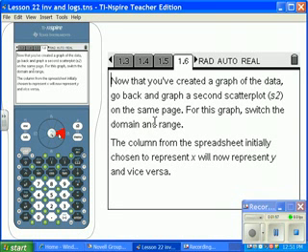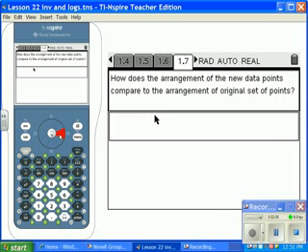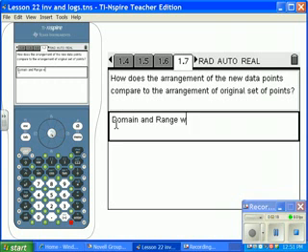Okay? So we've already done this slide. We went back, we changed the domain and range. We did it without changing our table, just by switching the domain and range on the scatter plot. All right, so how does the arrangement of the new data points compare to the arrangement of the original? Well, what happened was our domain and our range were switched, or our x and y is another way to say it.